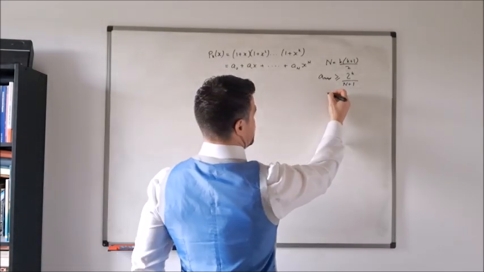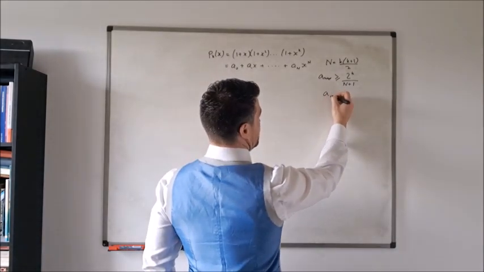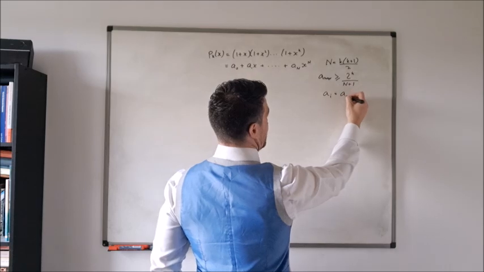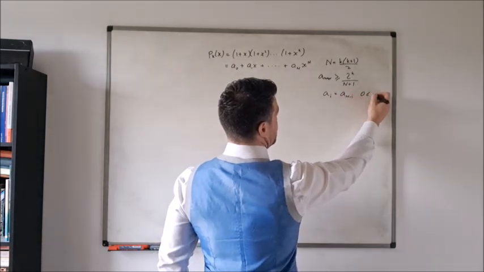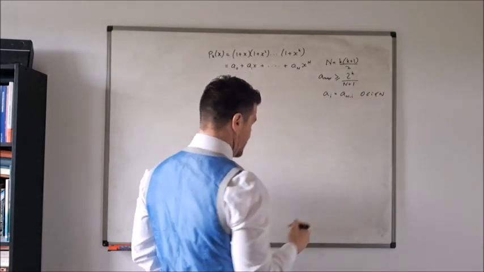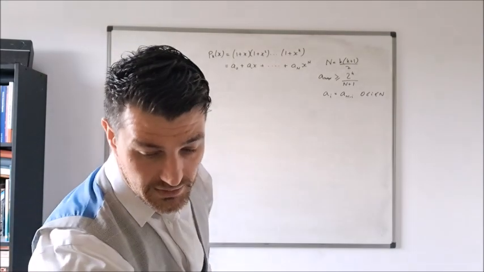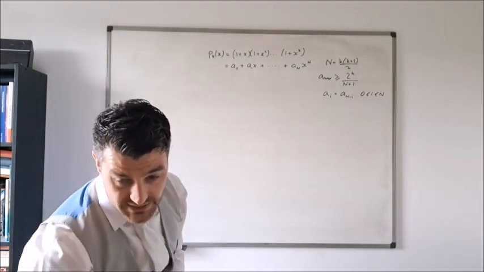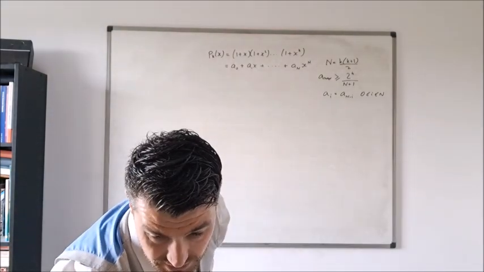I'll write that up here actually, just in case. a i equals a n minus i, 0 less than or equal to i less than or equal to n. Okay, just in case we need it. Okay, so the final part on this is that, let me just scroll down a little bit.